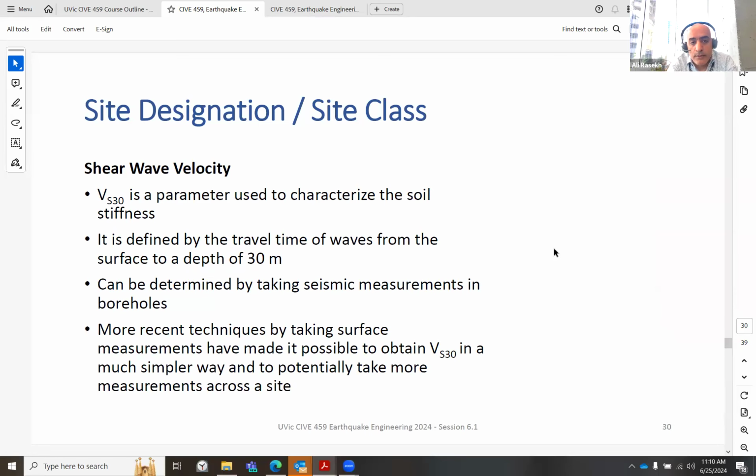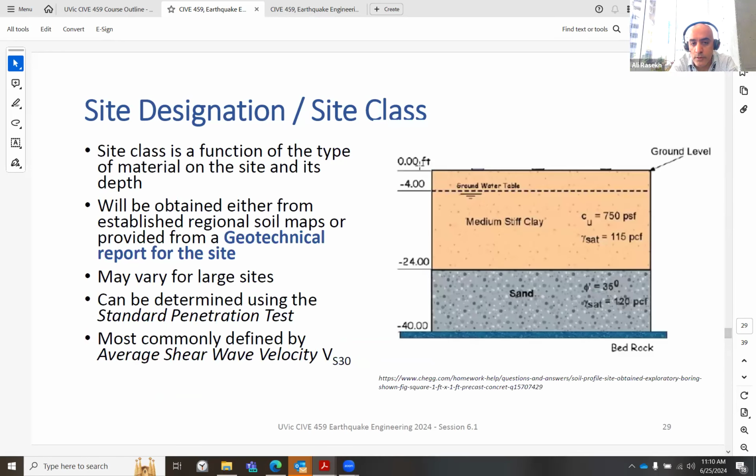Now, site class or site designation per the new code. Again, we talked about the shear wave velocity at the top 30 meter. It's the velocity in that top layers, like here, we only showed 0 to 40, so that's the top 40 feet.